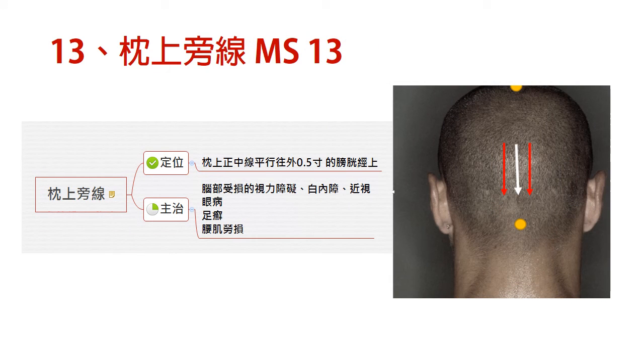MS13. Upper lateral line of the occiput. MS13. Location on the occipital area, 1.5 cun long line, starting from the point 0.5 cun lateral to GV17, straight upwards.